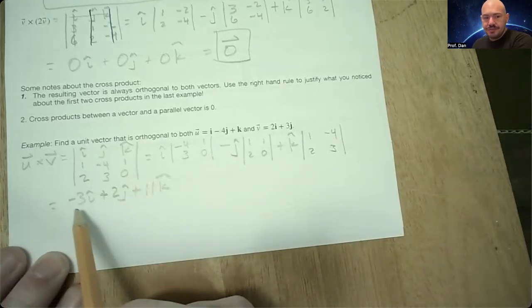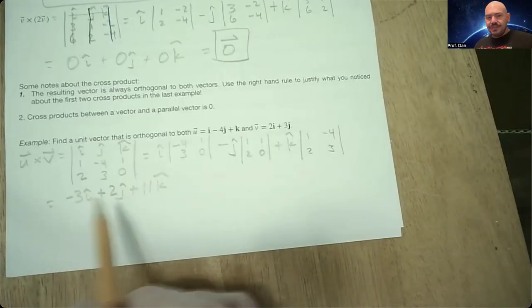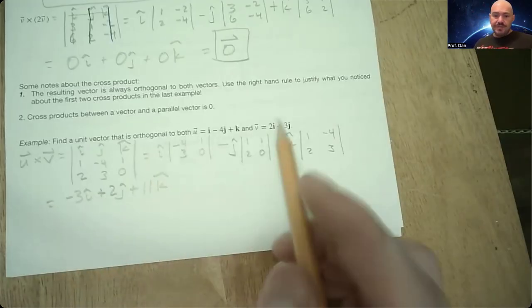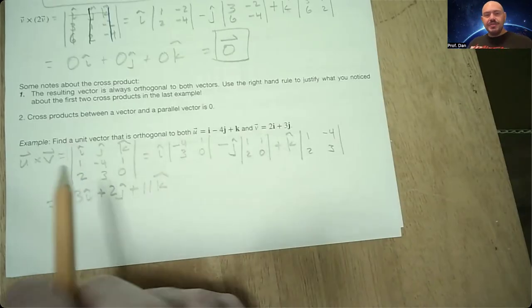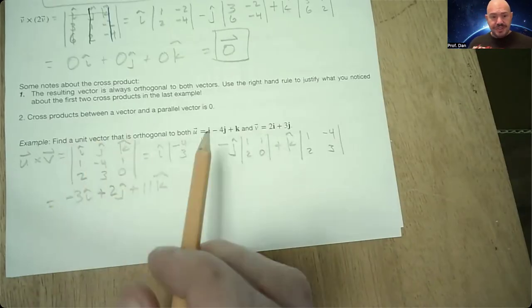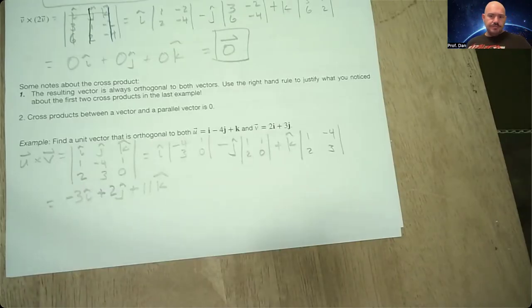So this is the cross product. This gives me a vector that is orthogonal to both u and v. The question, though, specifically asked me to find a unit vector that does that. So if I remember back from earlier in the course, if I want to find a unit vector in the direction of something, I need to divide the components by the magnitude.